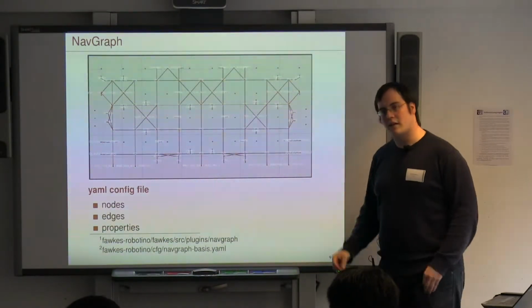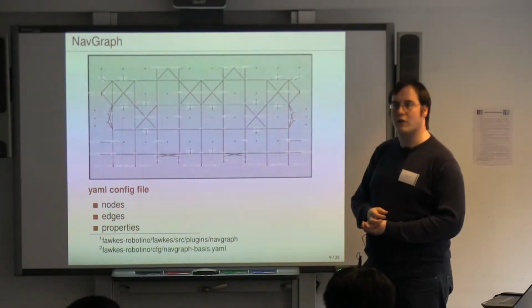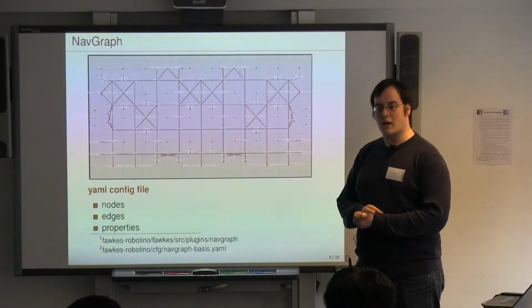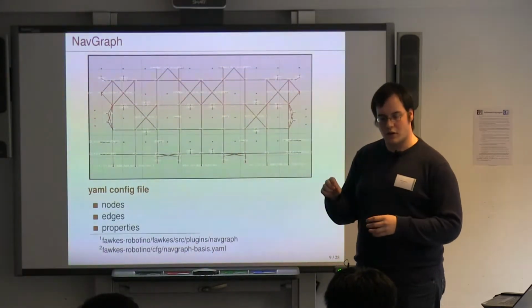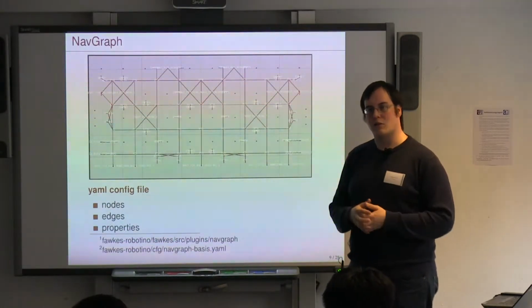But we then extended it even more, so we now have properties that are not directly used for the navigation. For example, we store properties of the machines in these nodes.